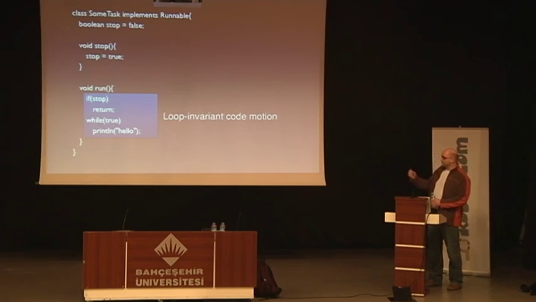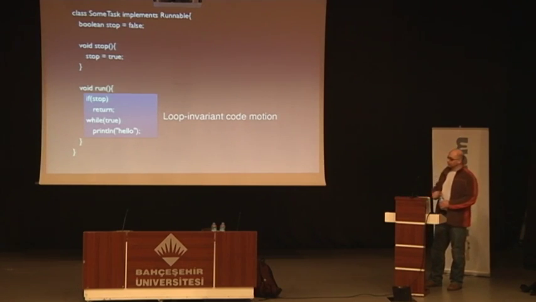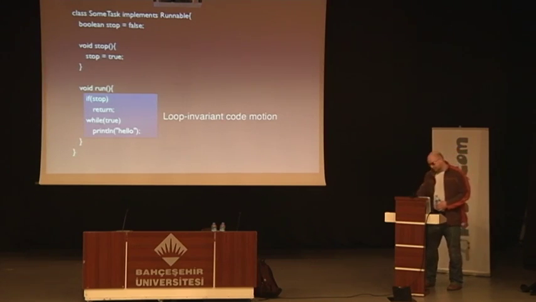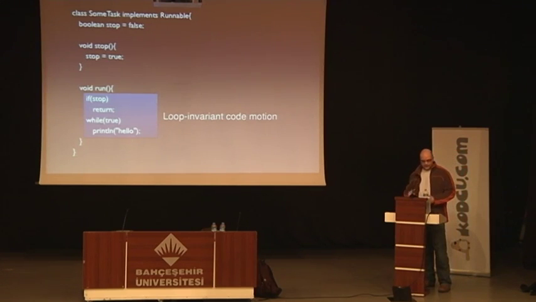If you can verify that within that while loop that condition is not going to be changed, what's the point of verifying that condition? Just pull it out of the loop, your code will go a lot quicker. So this technique is called loop invariant code motion, and it's allowed. So this is the reason for this example, that by reordering things can go wrong.